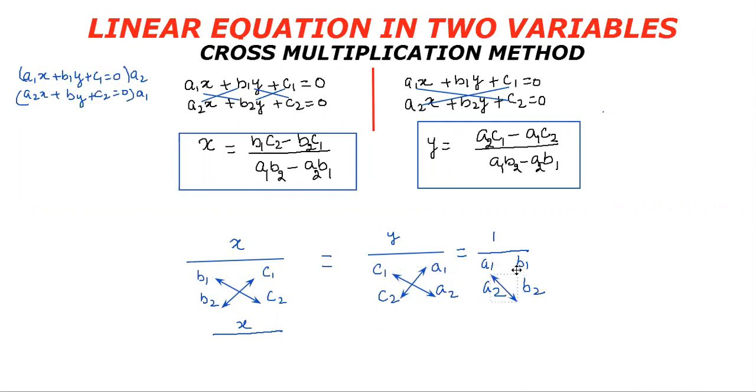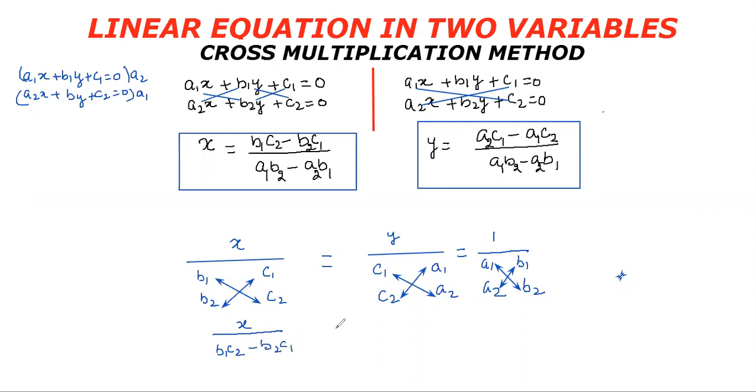This is another way of remembering. Basically, these formulas are derived from the elimination method only. So, when you write down the denominator of x, it will be b1c2 minus b2c1.